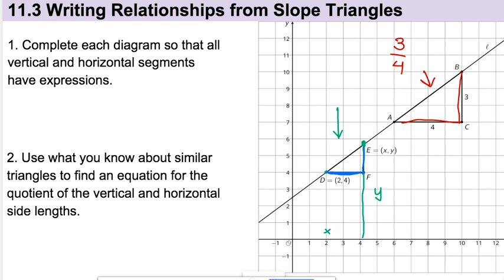Hold on, let me show this a little bit better. Okay. So again, I'm going to go X units minus these 2 that I do not want. I don't want those 2 units because I want to start right here. So this distance is X minus 2.